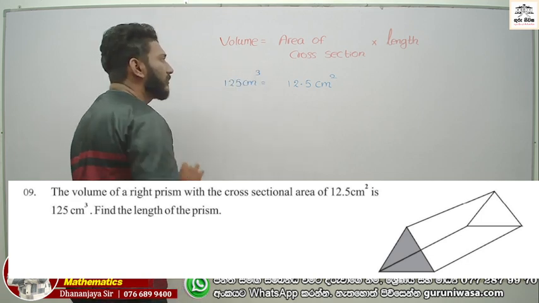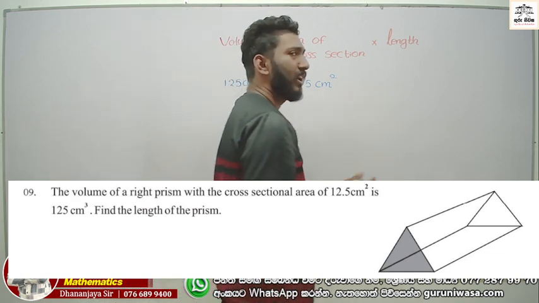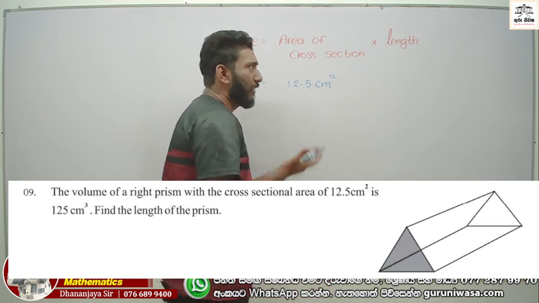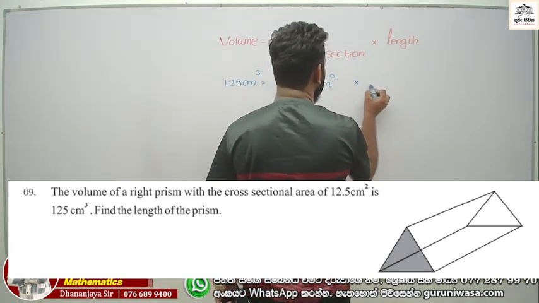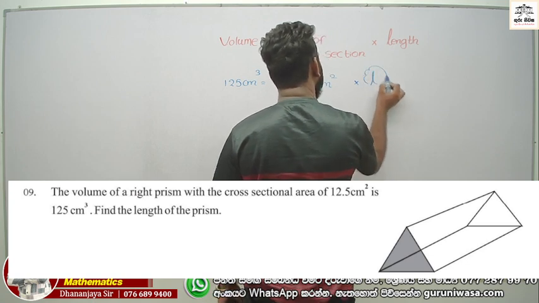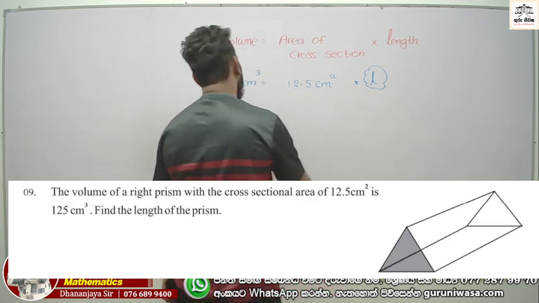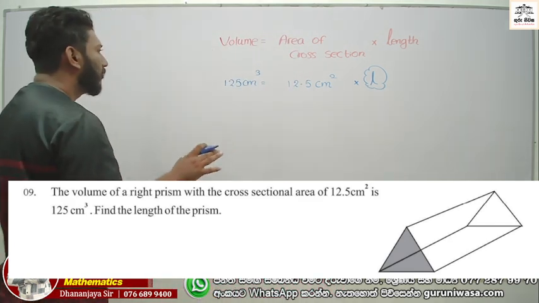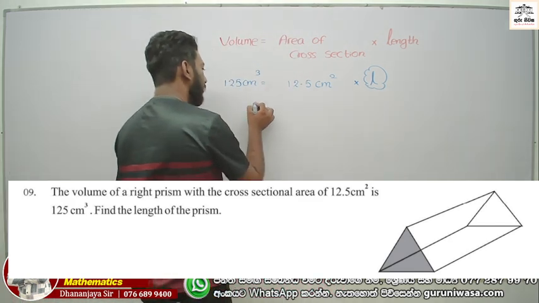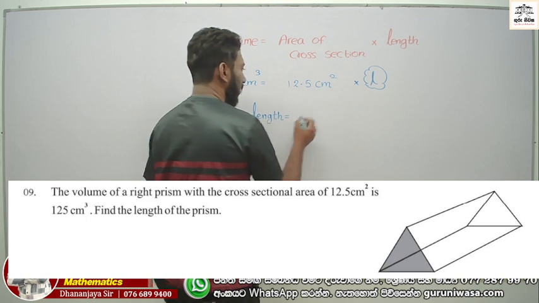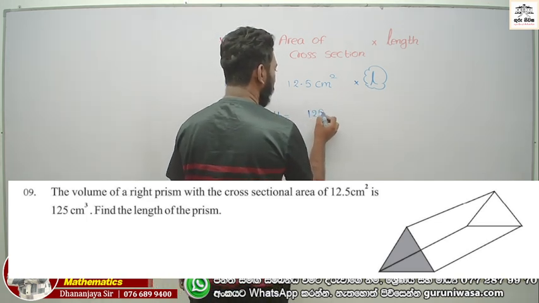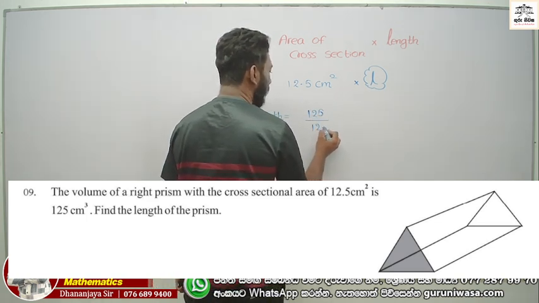This is the volume, and this is the area of the cross section. Now you know the equation. Find the length of the prism. Now we don't know the length. You need to divide 125 by 12.5. Therefore, length should be equal to 125 divided by 12.5.